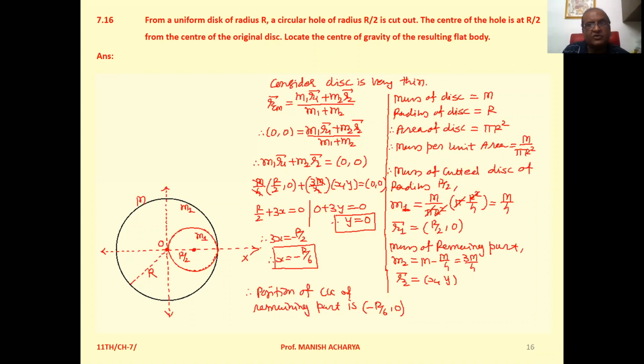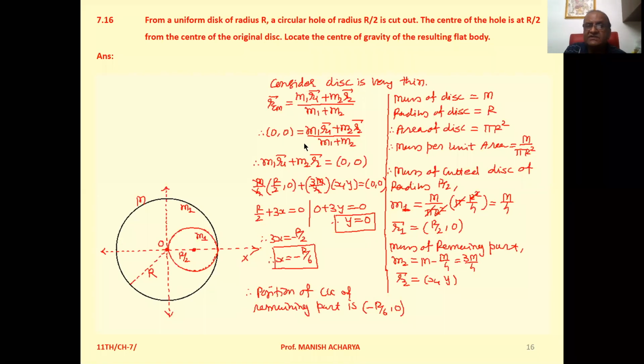Now see, first of all, we can write R_CM, the position of the center of mass of the original disk, means of the system, that is equal to (m1 r1 plus m2 r2) upon (m1 plus m2). But R_CM is 0, 0, because it is at the origin. So 0, 0 equals (m1 r1 plus m2 r2) upon (m1 plus m2).